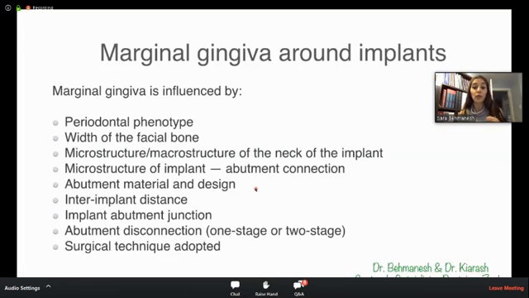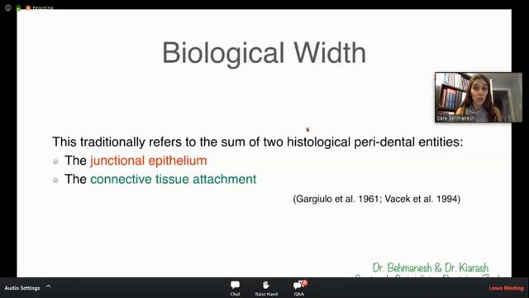The micro and macro structure of the neck of the implant itself, and also the abutment is very important. The design and the material that your implant and the abutment is made of is very important. The distance between implants, everyone knows that's very important. And the implant abutment junction, and also the surgical techniques used to place and restore the implant is really important.